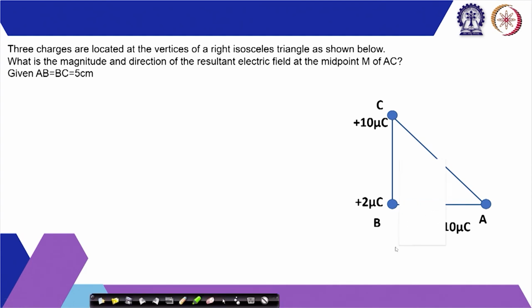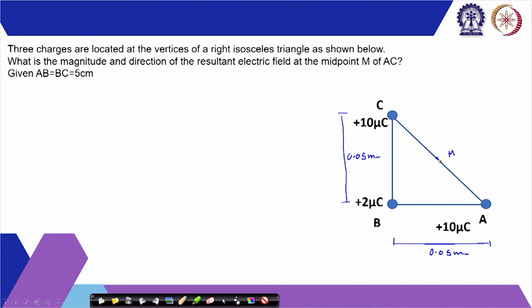So, here these dimensions are 5 centimeter, and we have to find out the electric field here at the mid of AC, and that point is designated as M.